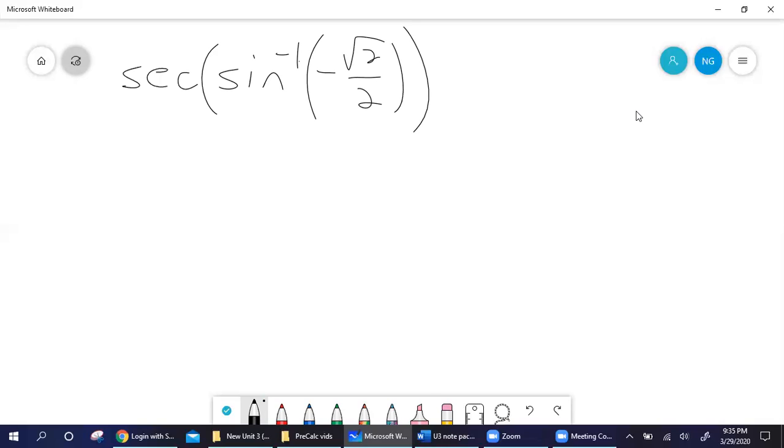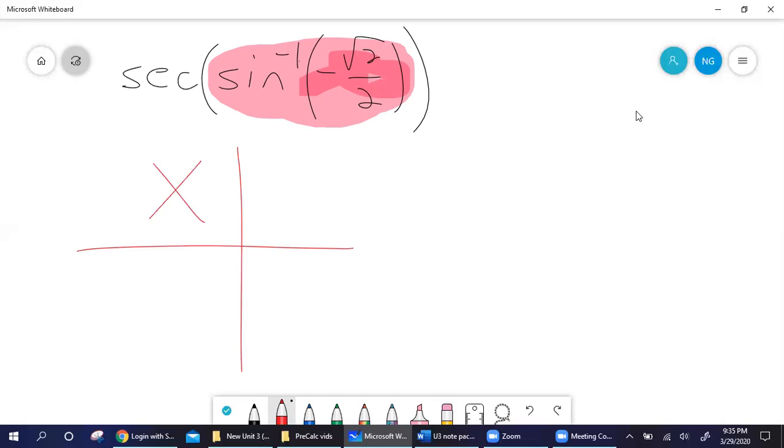So again, working inside out, the inverse sine of negative root 2 over 2. Okay, so again, I'm going to work this just like we did the last two problems, even though there's other ways to do this. Inverse sine, cross out the left. It's negative, so I know I'm going to be in the fourth quadrant.